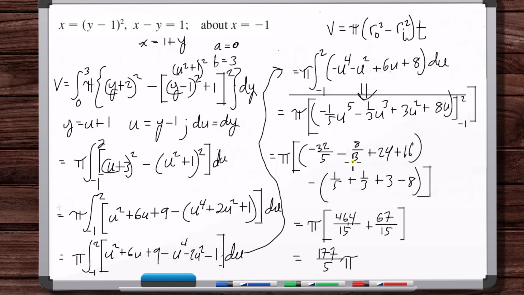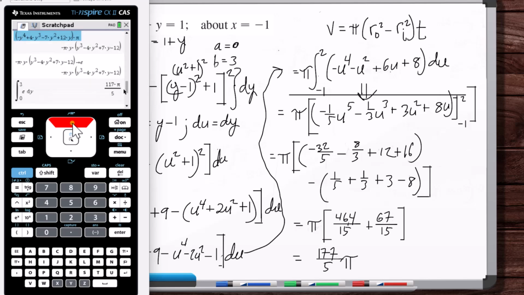What the? Why did I put a 24 here? 2 squared is 4, 4 times 3 is 12. All right. And then 16, and then minus, okay, positive 1/5, positive 1/3, positive 3 minus 8. So that's got to be where the error was.